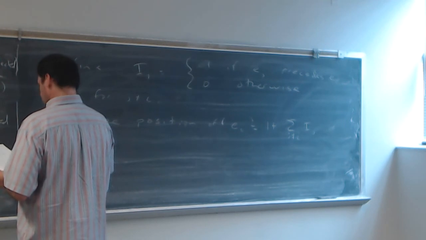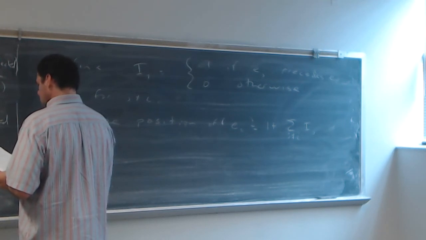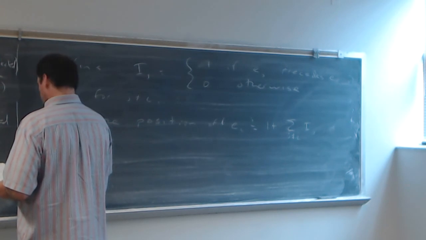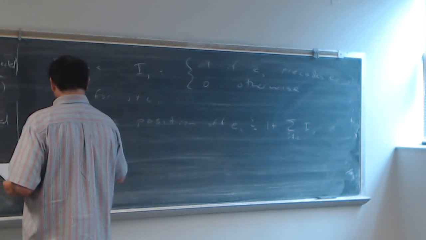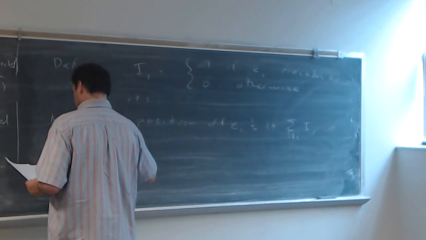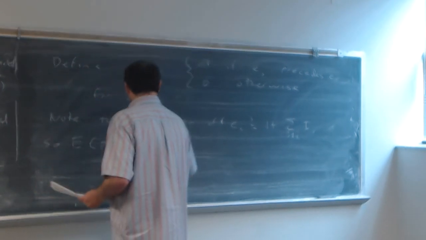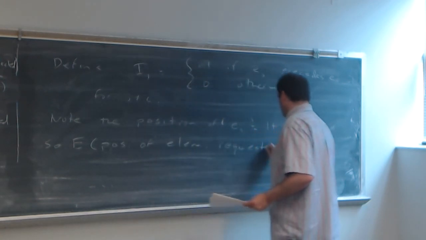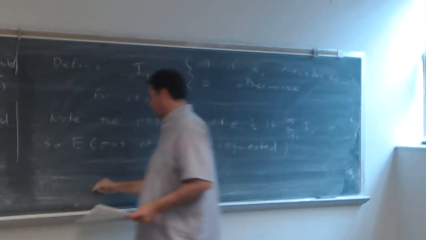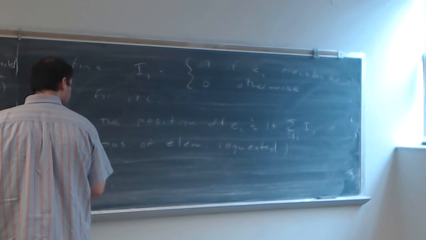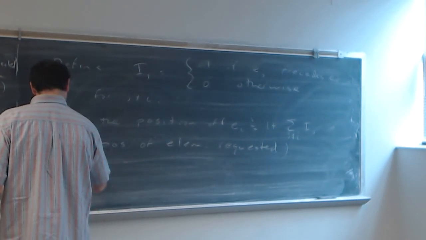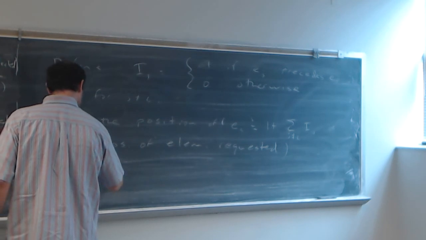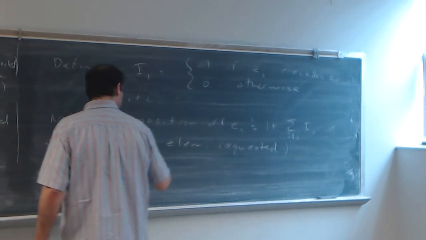So the expected value of the problem we're working on, the position of the element requested, is equal to the sum, as I runs from 1 to n, of the expected value of the position of E_I.